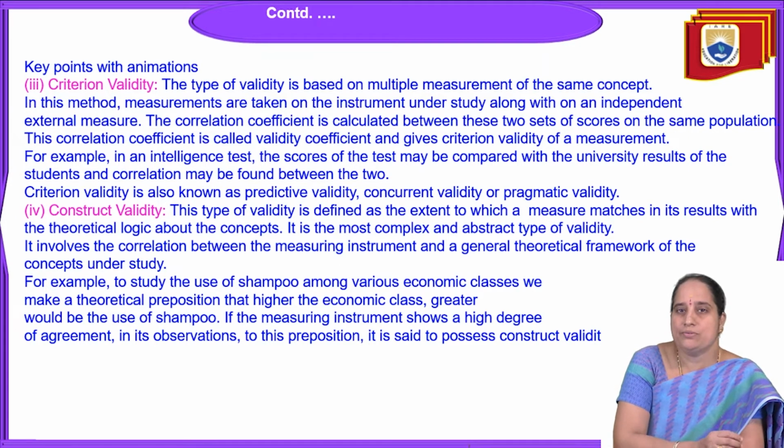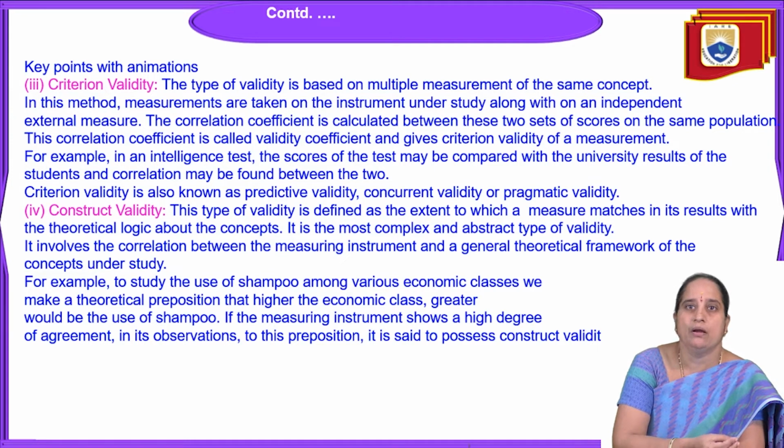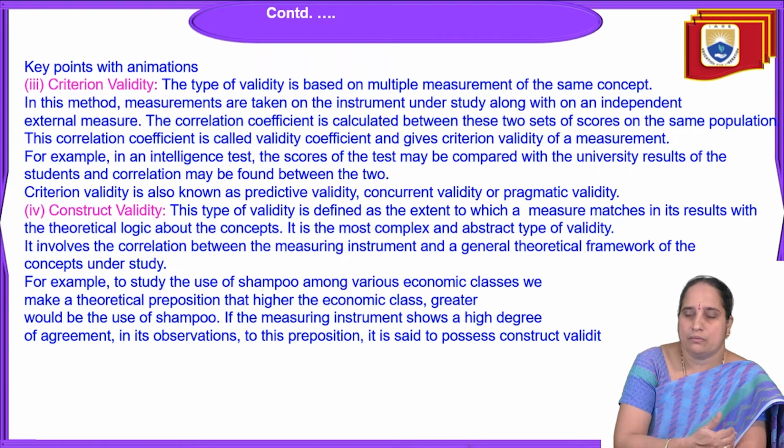The next one is criterion validity. It is based on multiple measurements of the same concept. People generally adopt different types of criteria and methods. It's not necessary that there should be only one single method. There are multiple methods through which people can understand an instrument, whether it is reliable data or not, along with an independent external measure.